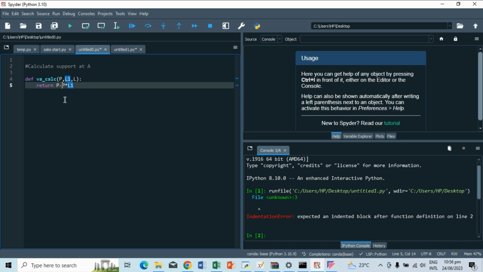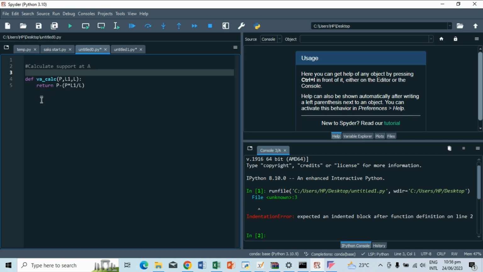You need to put the P and L1 into brackets, then divided by L. Right, so that will be the function to return the VA, the support reaction at A.